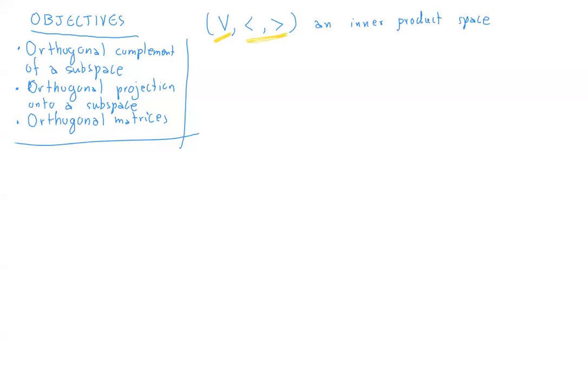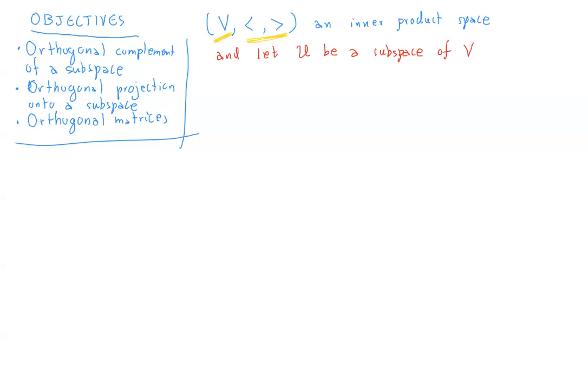So we suppose that we have this kind of situation, and let U be a subspace of V. That's a subset of V that is a vector space on its own. That's what a subspace is, right?